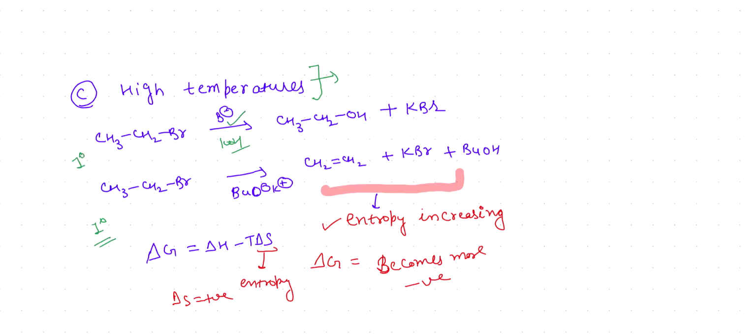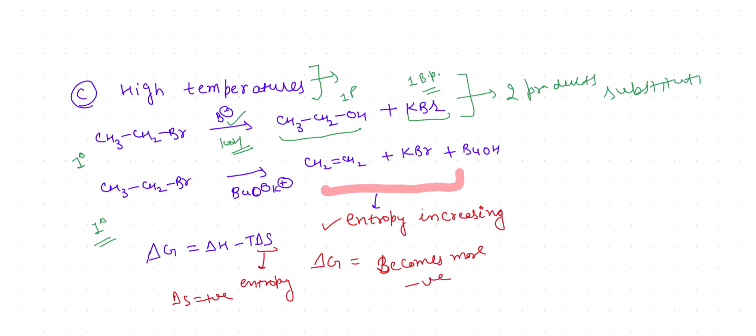In this one, you can also take tertiary butoxide. So in the first case, there is formation of one product and one byproduct. So there is a total formation of two products in the case of substitution.